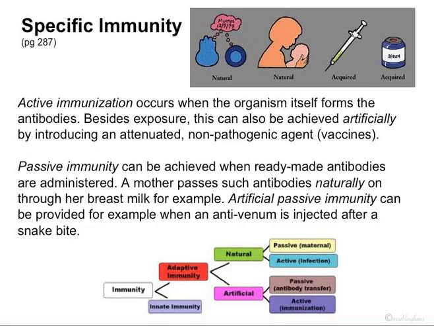Then we have passive immunity, which can be achieved when ready-made antibodies are administered. So the body does not produce the antibodies, the body just receives them. For example, when a mother passes antibodies naturally through the breast milk, that's a natural passive immunity.